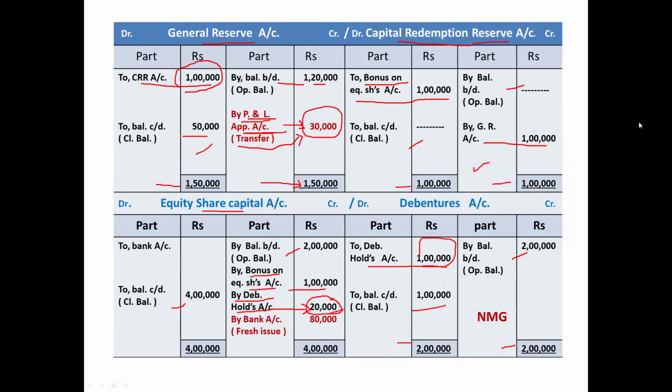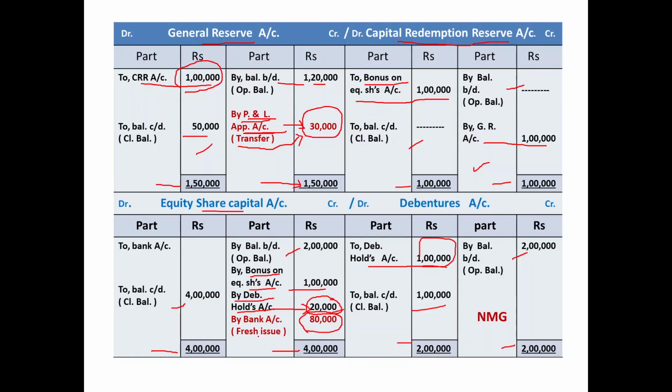Now let us close the equity share capital account and find out the balancing figure. Total of the debit side looks bigger, 4 lakh rupees. Put it on the credit side, 4 lakhs. And that gives a balancing figure of rupees 80,000 on the credit side. What could it be? It must be a fresh issue made during the year.